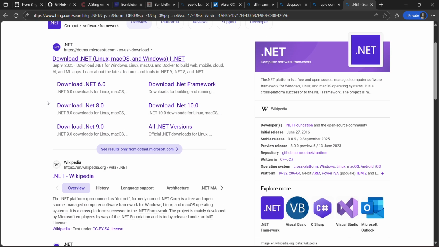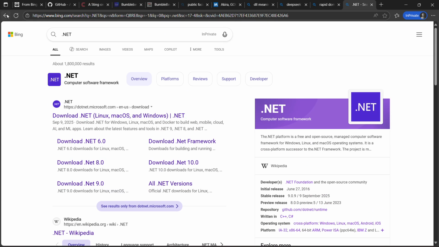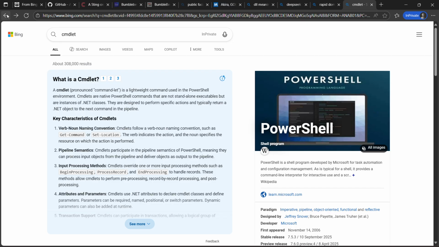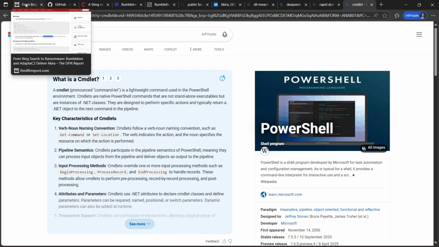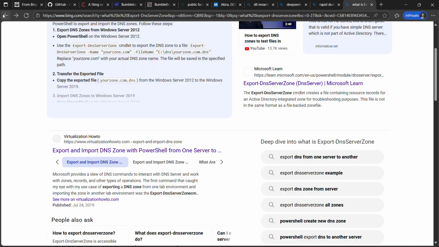A computer software framework. Okay, it's basically a computer software framework then. Man, I have a lot to study for.